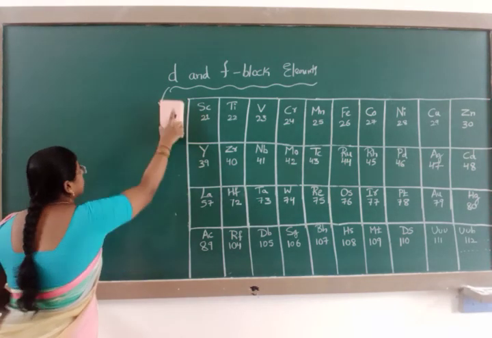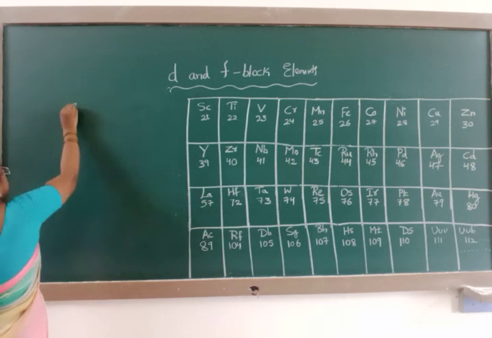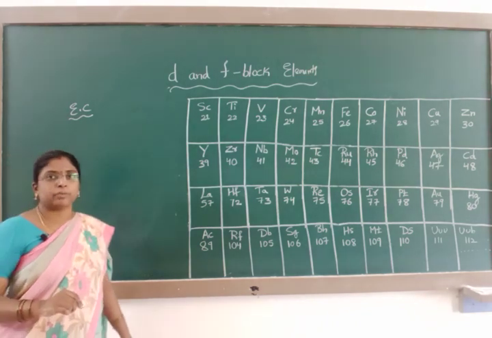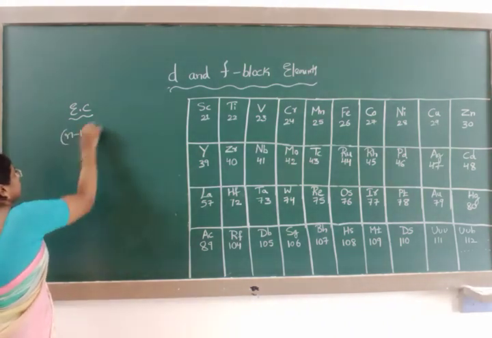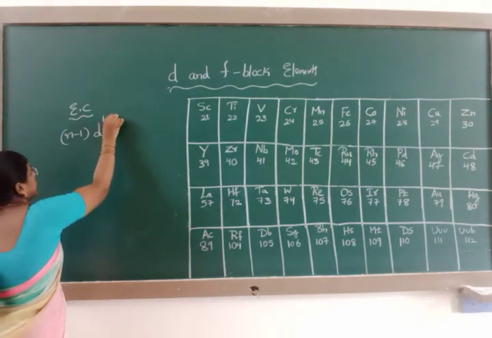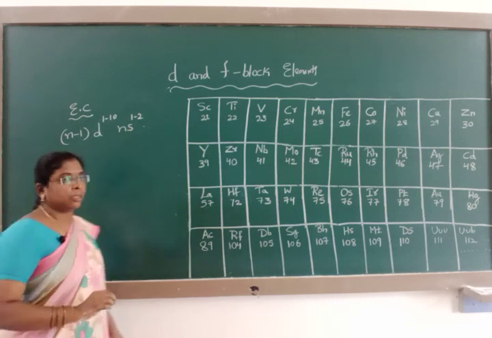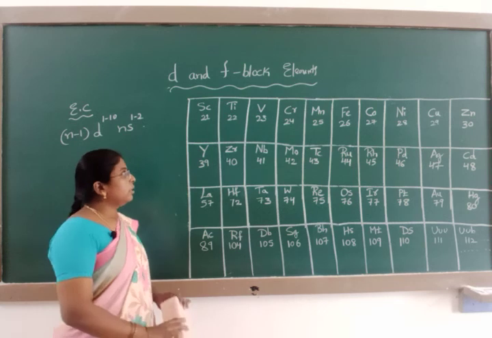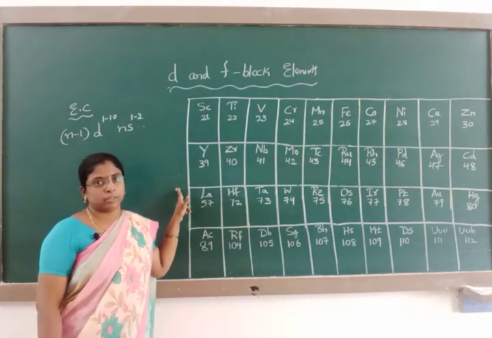If we see the electronic configuration of D block elements, the general electronic configuration is (n-1)d 1 to 10 ns 1 to 2. We study the D block elements in terms of series.